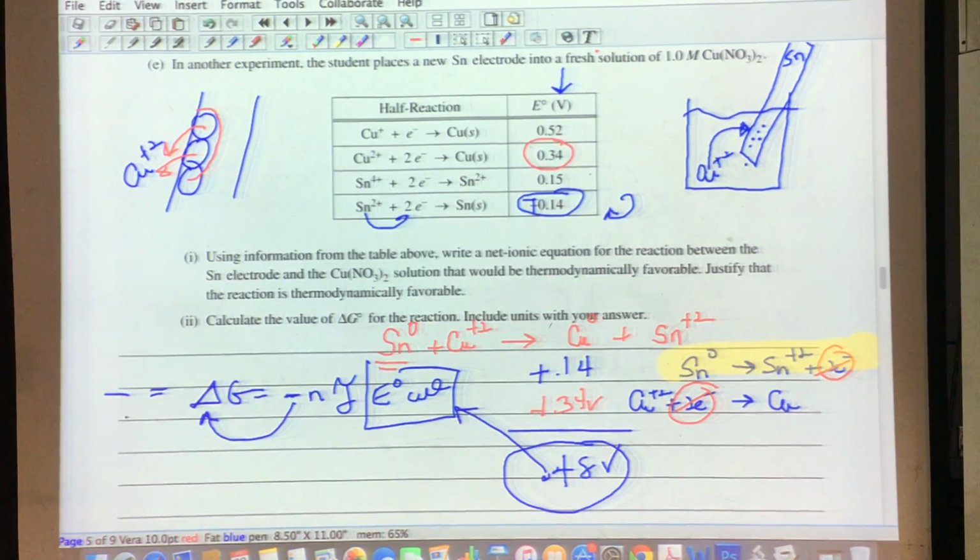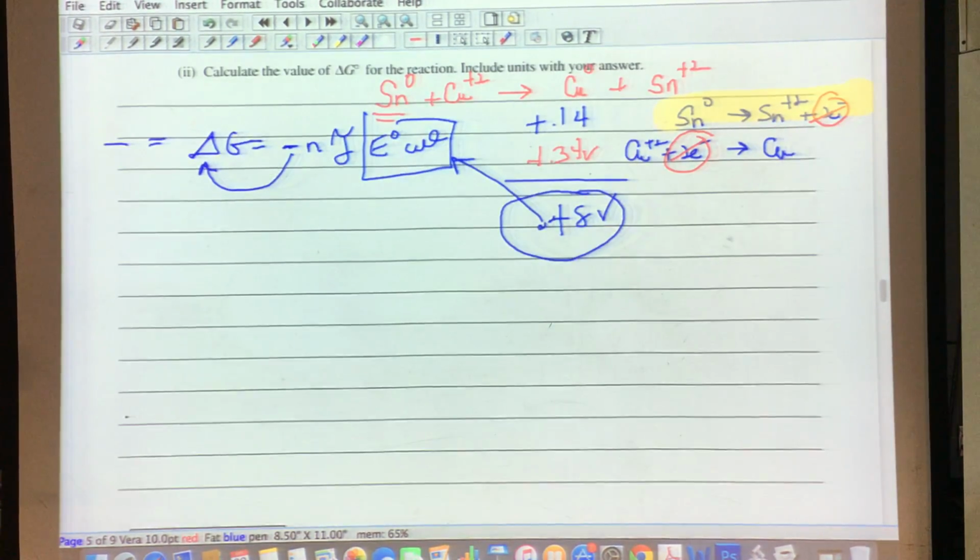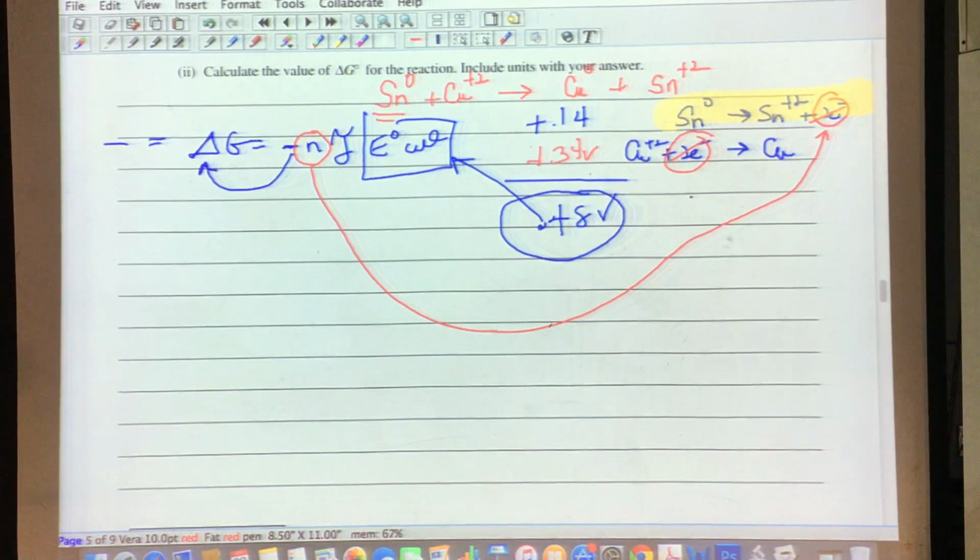Okay? And now they want you in part II to calculate the value of delta G. That's easy. Now what's this little n? I haven't seen this in a part 2 in a while, so this is something I think is fair game. Isn't this n the electrons in a balanced redox reaction?